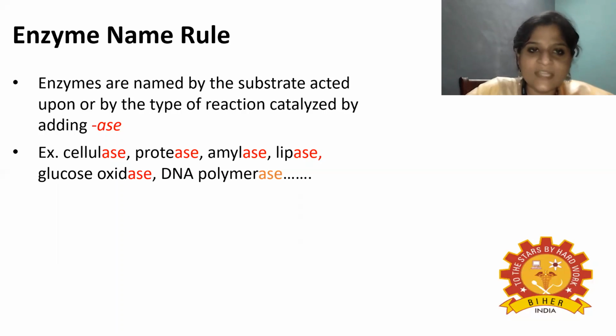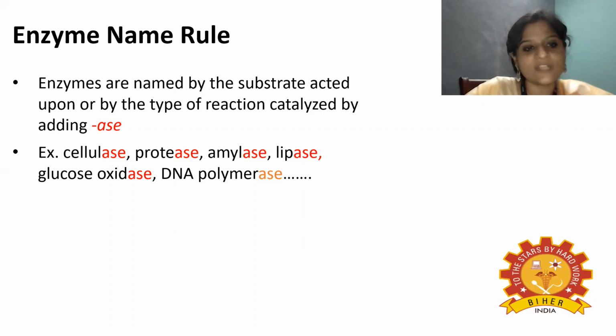So the basic naming rule for an enzyme is based on the substrate that the enzyme is going to act on or the type of reaction that it is going to facilitate. The first part of the enzyme name will be based on either the substrate or the type of chemical reaction that it is going to catalyze. And then the second part of the name will be -ase. It is a common ending for all enzymes.